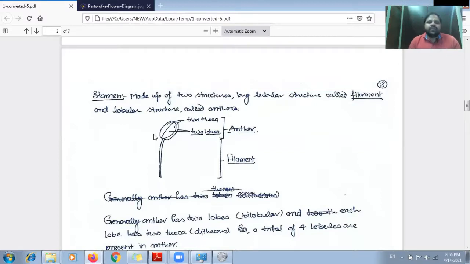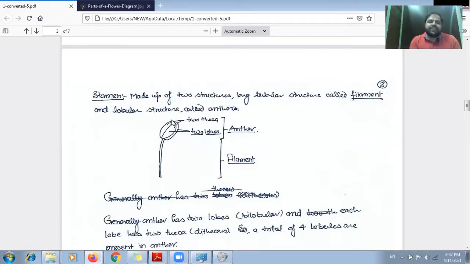Generally, the anther is made up of two lobes, and each lobe is made up of two parts, which are called theca. So a typical anther has two lobes, and in each lobe there are two theca.